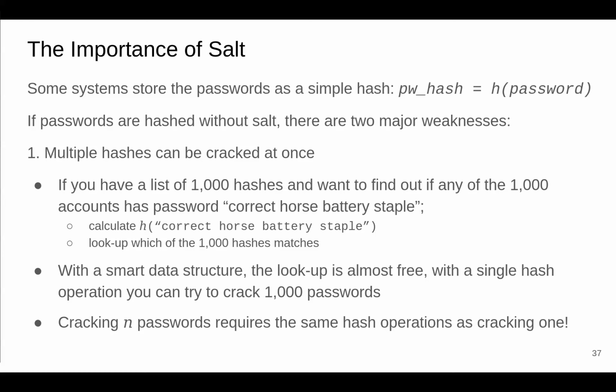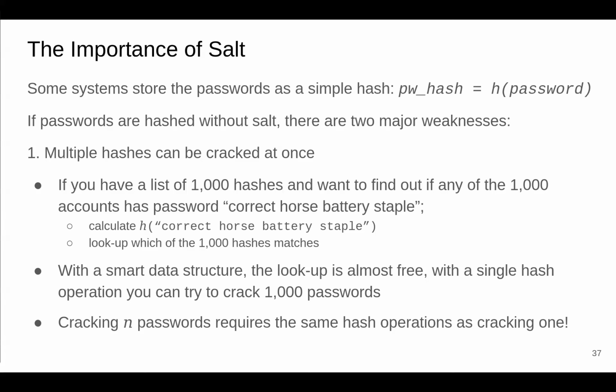So you need to iterate through all the passwords that can be generated. You start with AAAAAA, AAAAAB, AAAAAC, and you just keep iterating. You do the hash, you do a lookup, and sometimes one of them will match, multiple ones will match, and so on. But doing the hashing of the password, going from password to hash, is the most expensive operation.